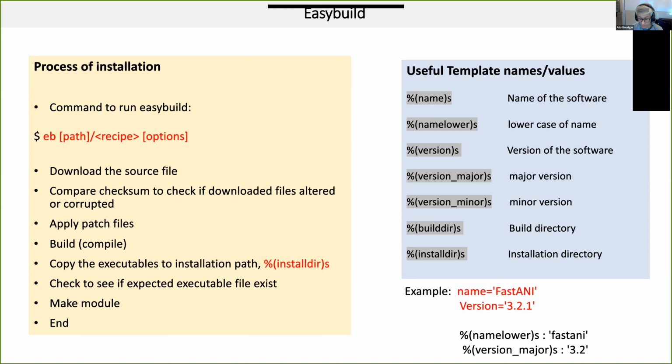If you want to call the name only in the lowercase, you have to use namelower. So namelower in this case is fastani. And version_major in this example is 3.2. These are for if you want to somehow design or write down a recipe from scratch. We don't do that in this webinar. We just want to modify that.